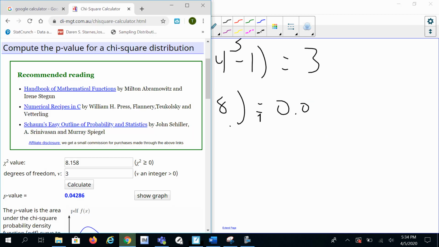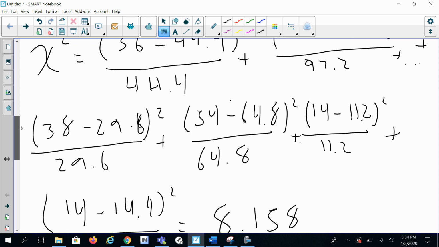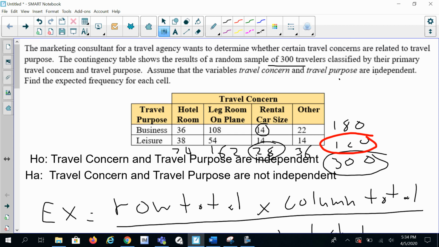Now, there was no alpha given in this problem, and it does matter because we have a borderline. The problem itself, I copied the wrong problem down. It's giving an alpha of 0.01. So this is going to be a fail to reject.